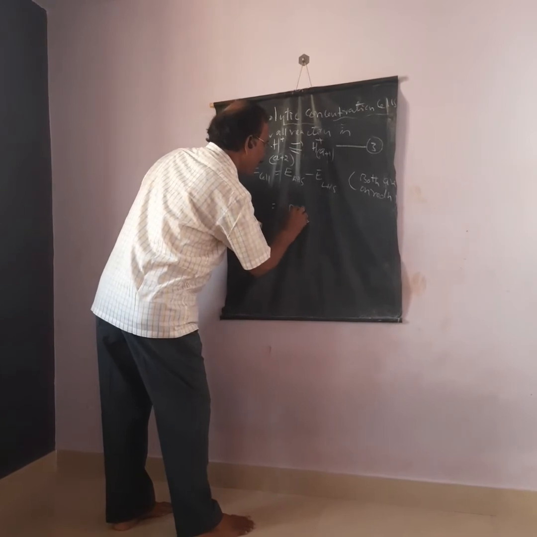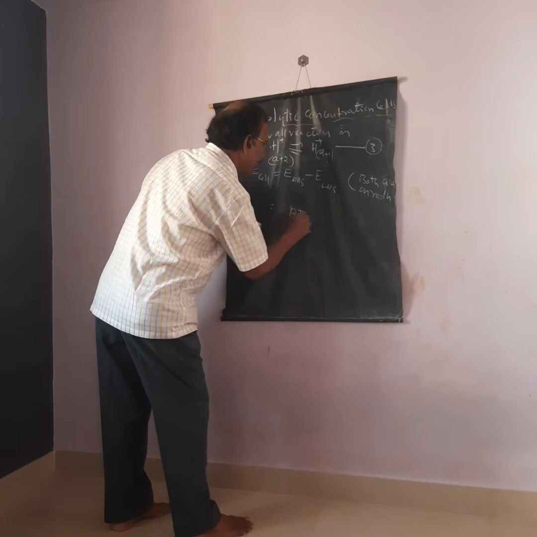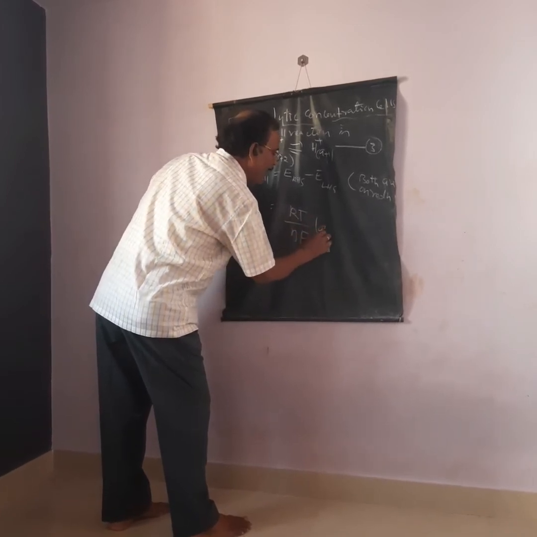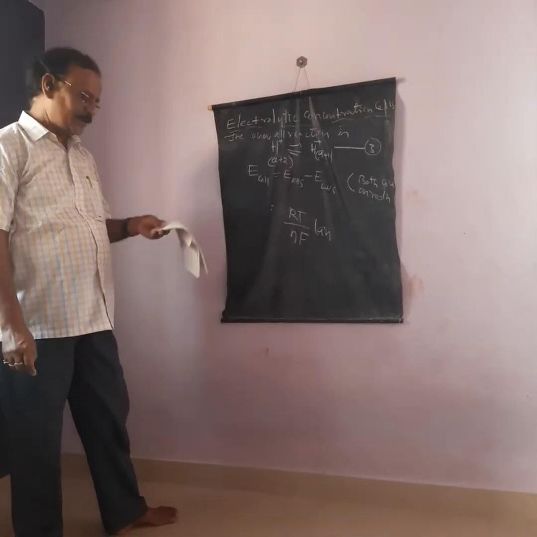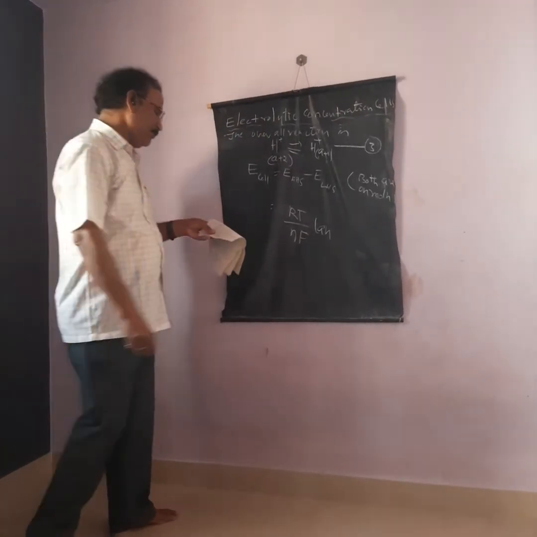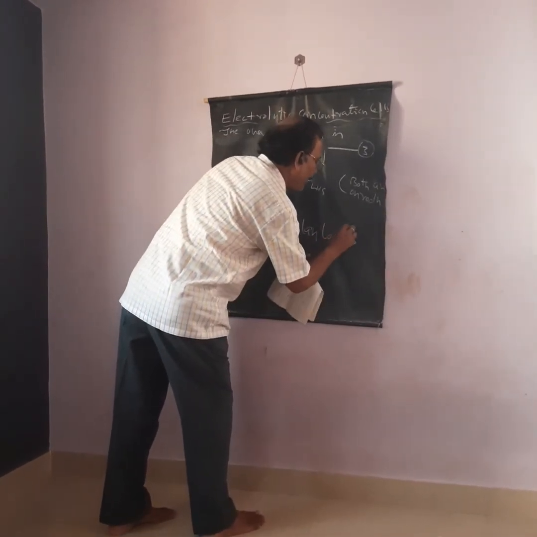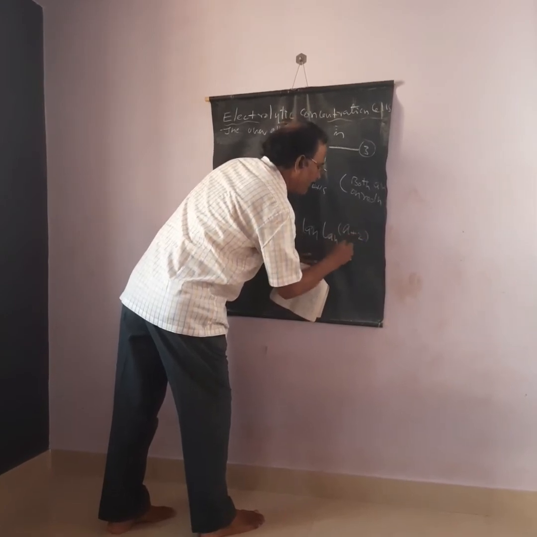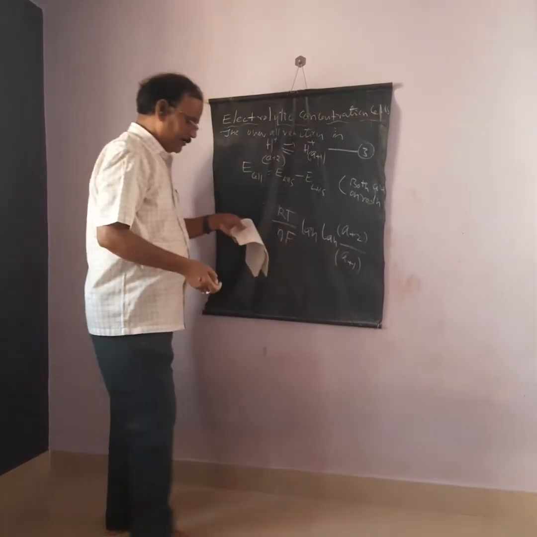This becomes RT divided by nF into ln. Instead of log, you can take ln, so you can avoid 2.303. RT by F into ln of A plus 2 divided by A plus 1.